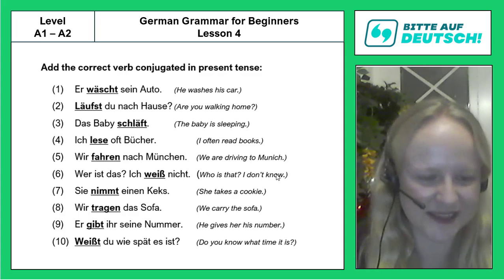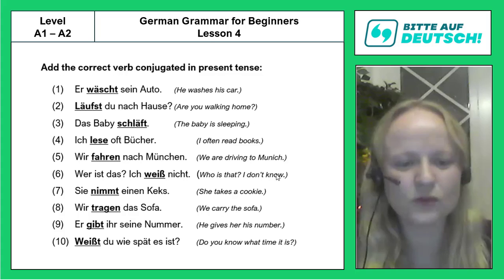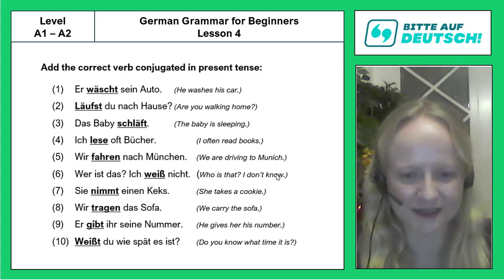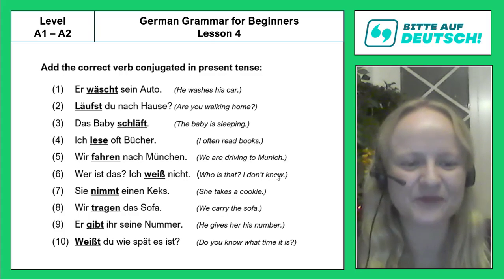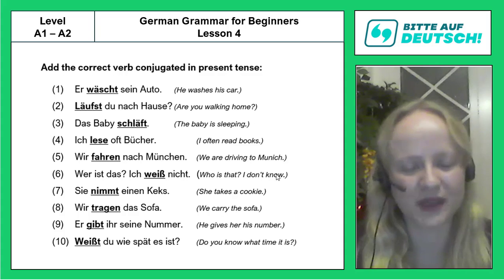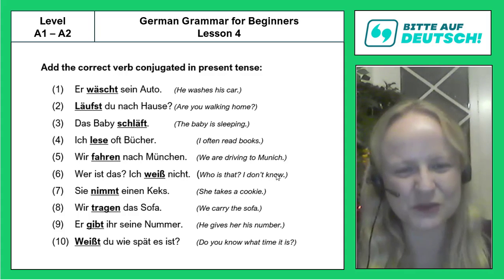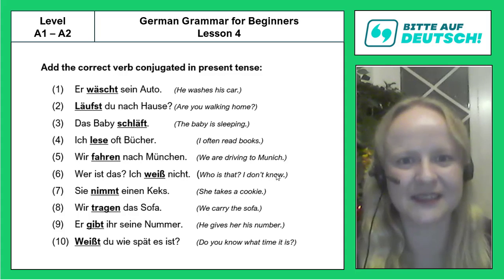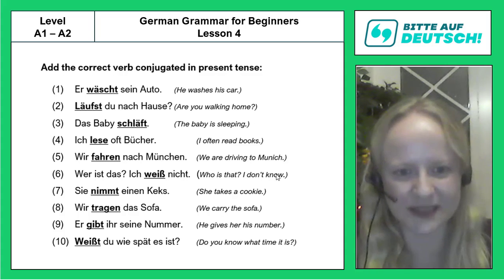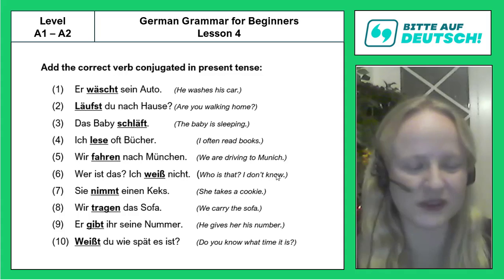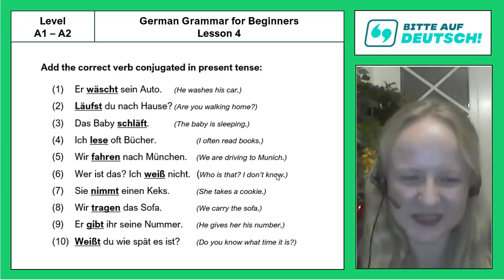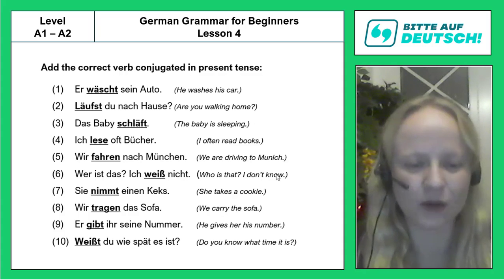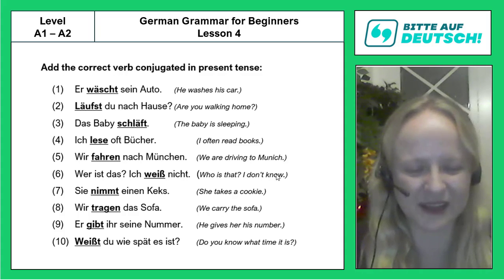And last but not least, number 10. Weißt du, wie spät es ist? Speak after me, please, yeah? Weißt du, wie spät es ist? So you do see German has a lot of S sounds, and we differentiate our S sounds quite a lot, probably more than other languages do. So maybe it sounds a little bit weird or sharp or funny to you, depending on your native language.